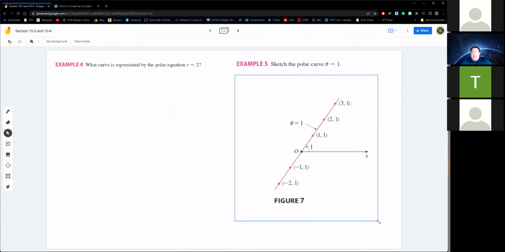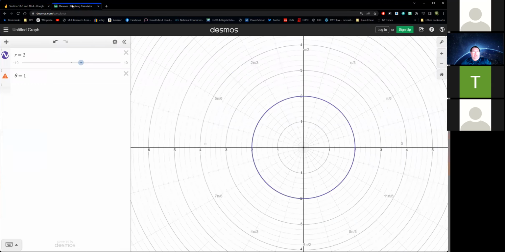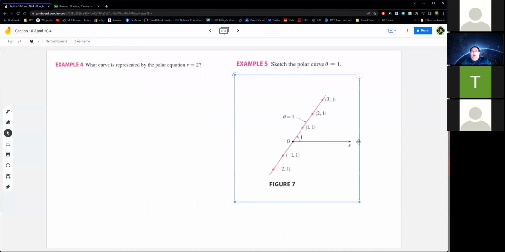Because remember, basically what ends up happening, oh, I know why it's not graphing it. Let me do this. Nope, it's still not going to graph it. Basically, what you end up getting is a line that is hitting every radius, because radius can be anything, at that angle of 1.